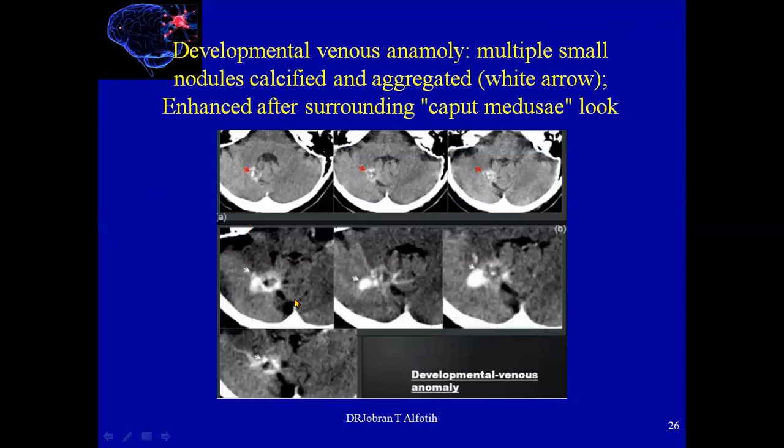Developmental venous anomaly, multiple small nodular calcifications, as we see in this picture. Here in this picture, this is nodular calcification in the developmental venous anomaly, surrounded by what's called caput medusae.